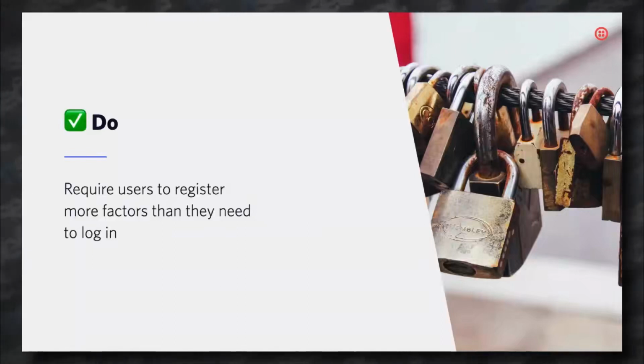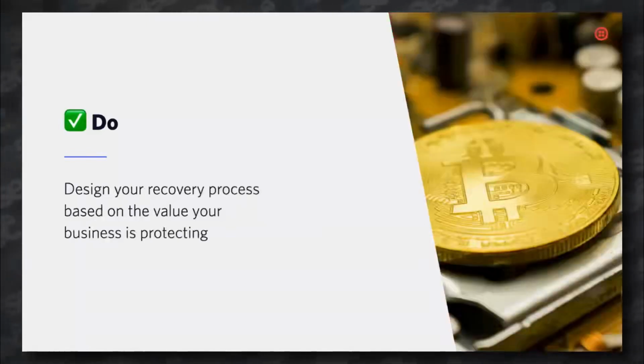Another recommendation is that you do want to design your recovery process based on the value your business is protecting. And so this means that you want to do some threat modeling, watch Alyssa's great talk from earlier on that, look at your account takeover costs and understand how much you're actually losing. You want to make sure that you're making the right level of investment for your business.